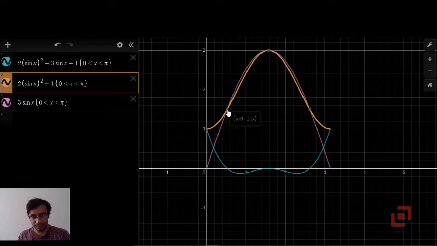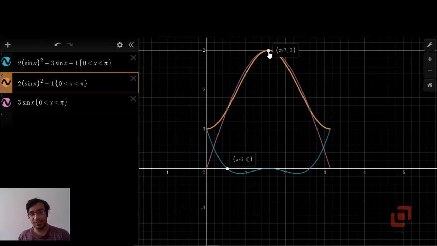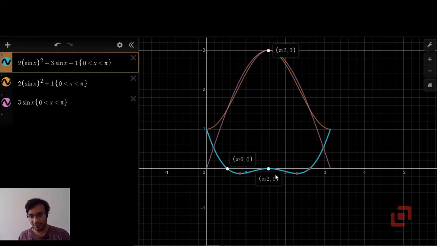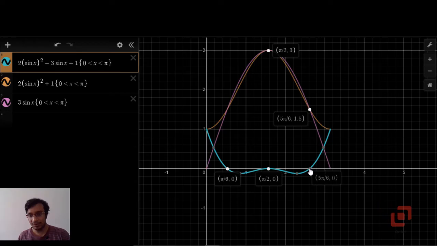So they intersect here at pi by 6, and that corresponds to the point pi by 6 comma 0. Then both the pink and the orange functions reach their global maximum and local maximum at pi by 2. So that is the other point of intersection of them, and the corresponding root is pi by 2, and then they intersect at this point 5 pi by 6, and the corresponding root is 5 pi by 6.